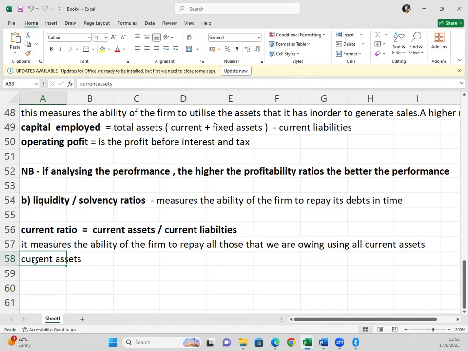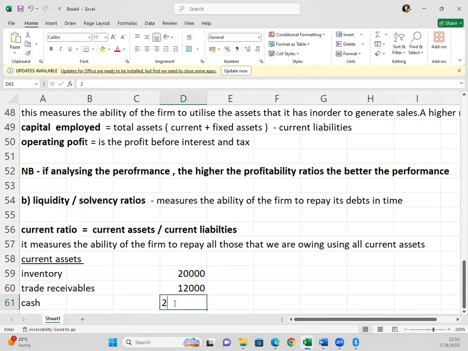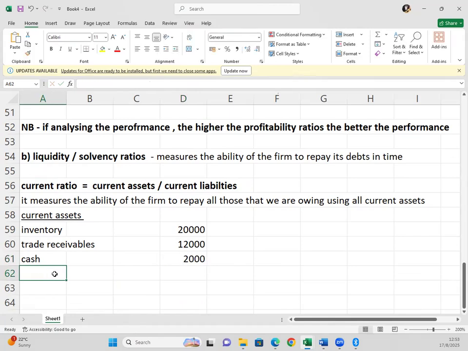We have inventory, that's stock, 20,000. You can have trade receivables, normal debtors, let's say 12,000. You can have cash in hand, which is cash, 2,000. You can have prepayments. These can be part of the current assets.